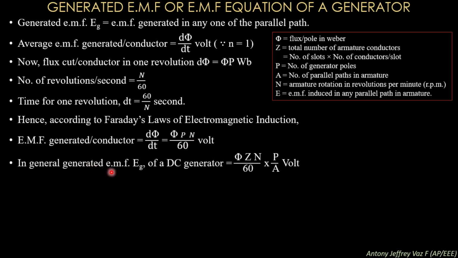In general, the generated EMF Eg of a DC generator is equivalent to φZN divided by 60 into P by A volts. Here, A represents the number of parallel paths in an armature.